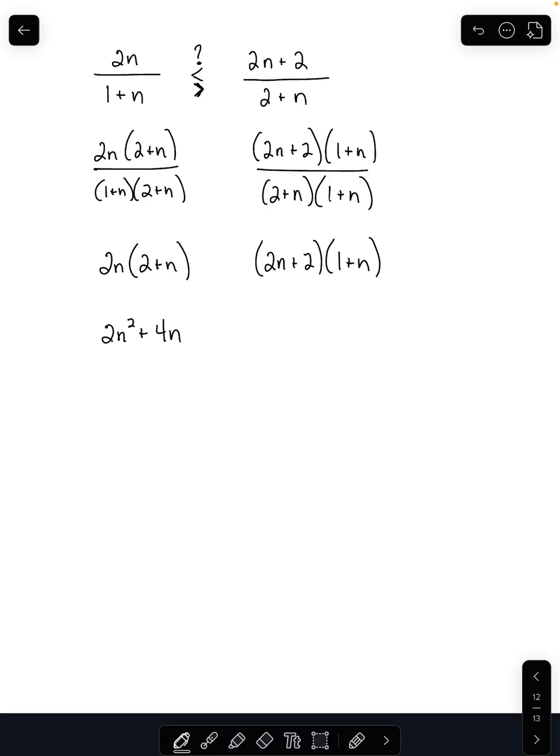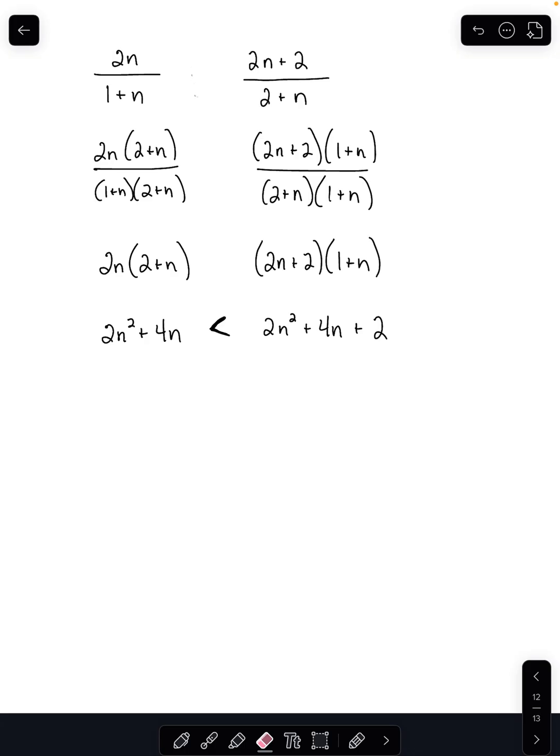And foiling out on the right side, which would give us 2n squared plus 4n plus 2. And I think it should be pretty clear to see here that since both sides have 2n squared plus 4n, and then the right side has the plus 2 on it, that the right side is going to be bigger.